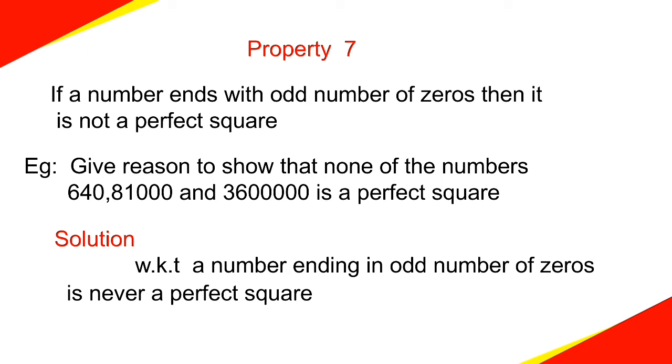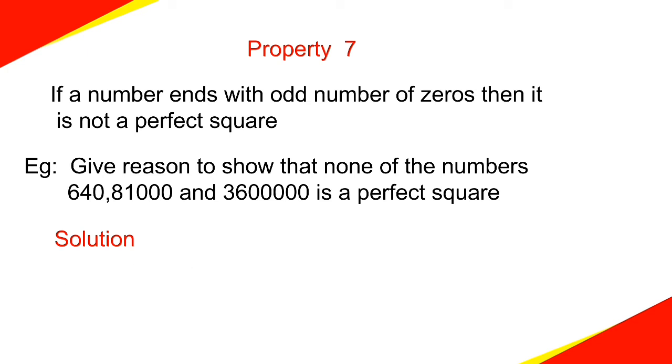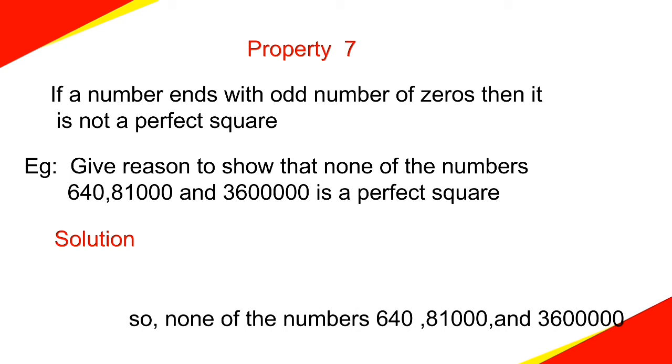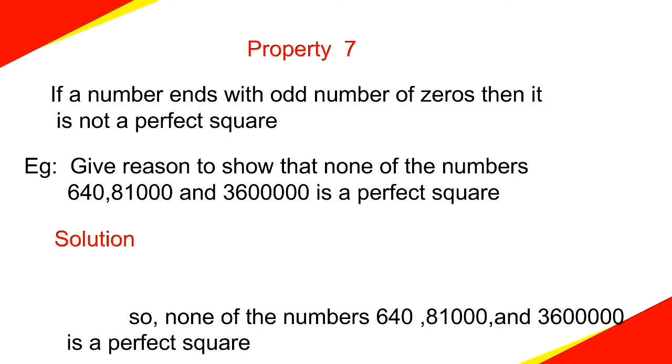So 1, 3, 5 are odd numbers. So what can we say? We can directly say that none of these numbers, 640, 81,000 and 36 lakhs, is a perfect square. Now property 8.